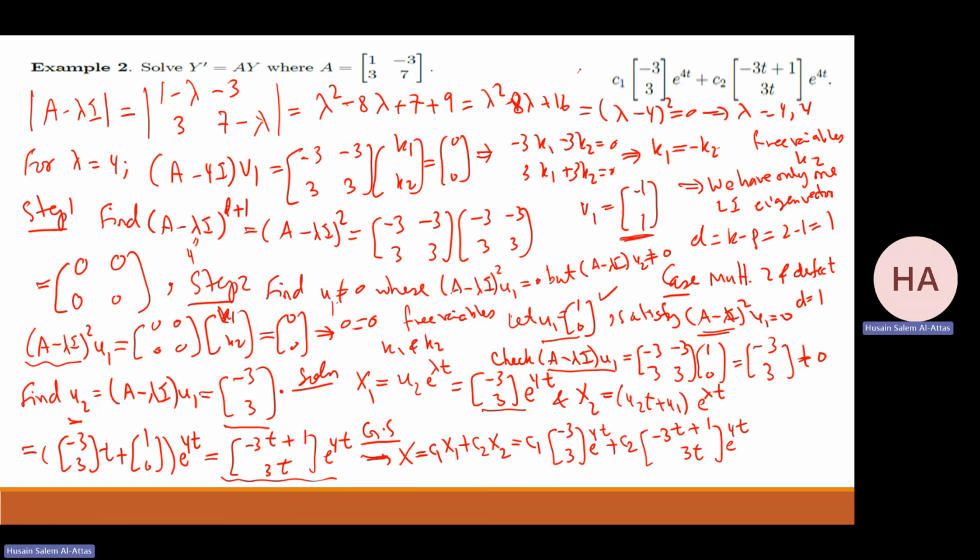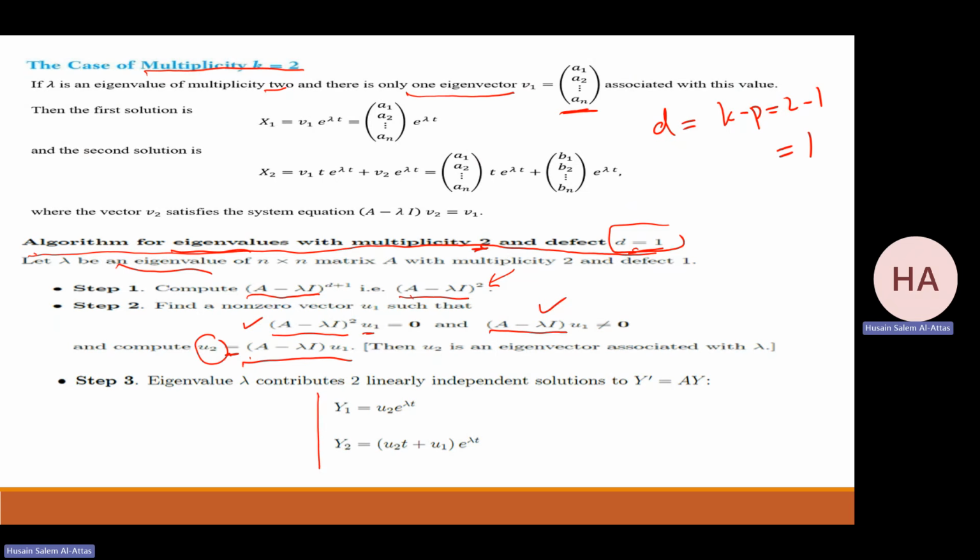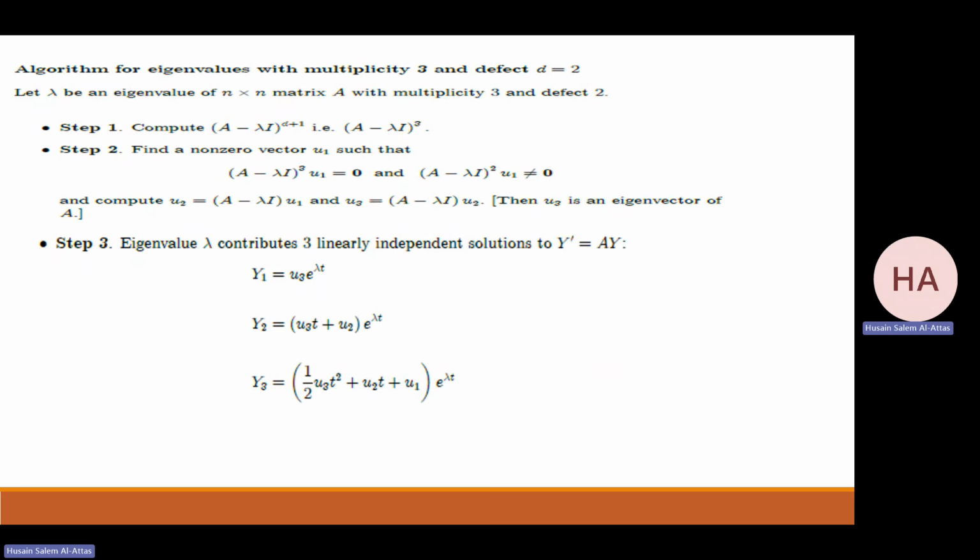Which is the same as this answer exactly. So I now get the solutions. I just followed the algorithm. I think it's very easy to follow.